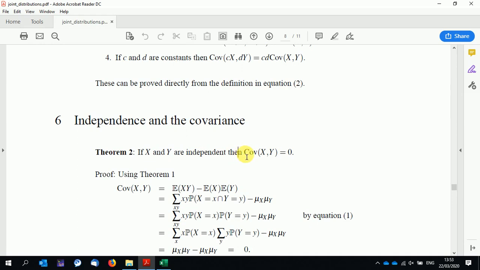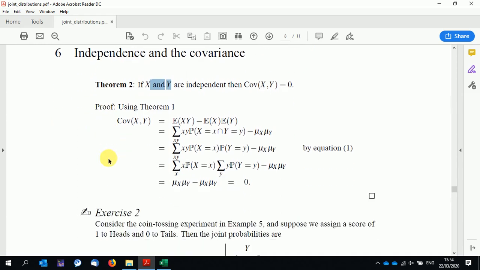I'm not saying that if you get covariance 0, you can conclude that x and y are independent. No, this must be clear. It works only in one direction. I'll repeat the statement. If x and y are independent, then we can conclude that the covariance is 0. The opposite is not necessarily true.